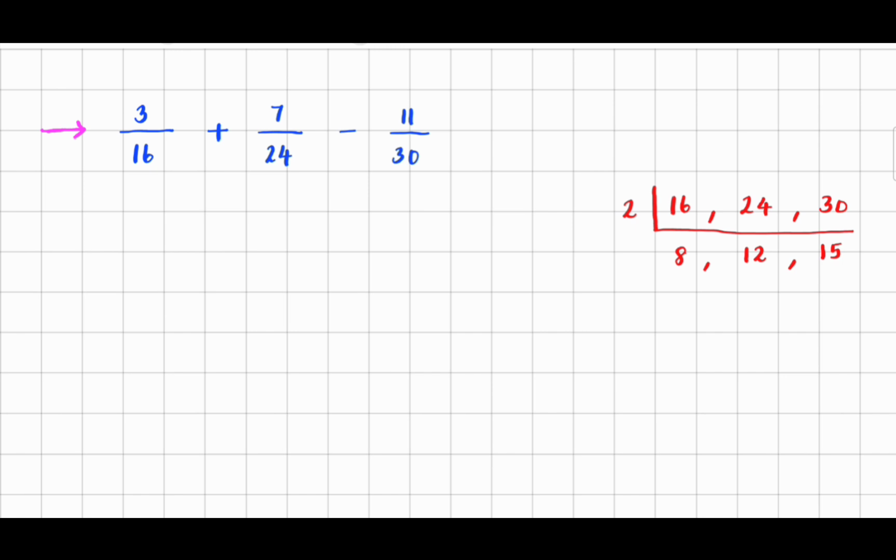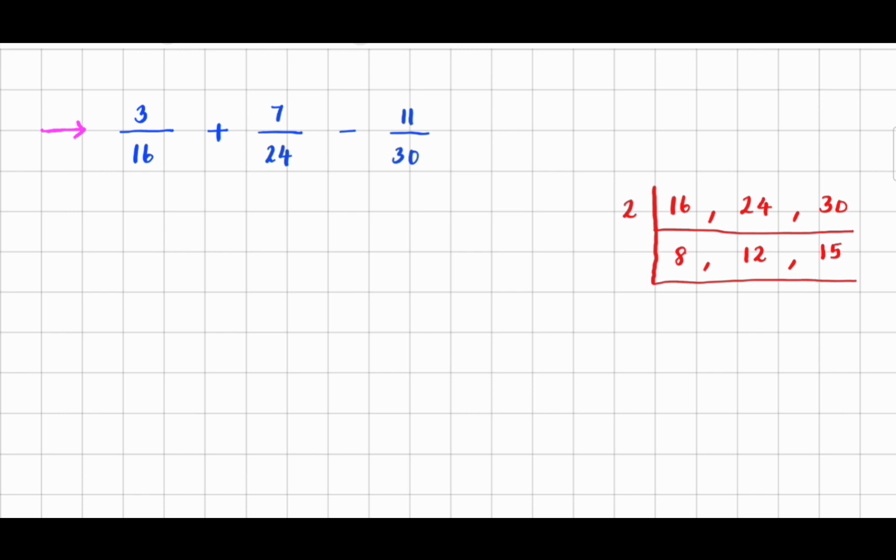Right now we have 8, 12 and 15. These are not all prime numbers. So again I am going to make a division ladder and think about prime numbers, any prime numbers that can go into 8, 12 and 15. No prime number can divide all these numbers simultaneously, right?